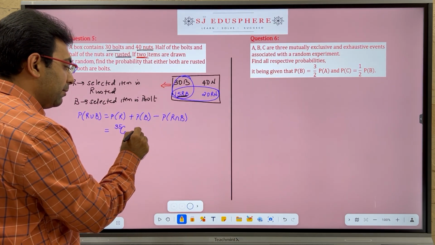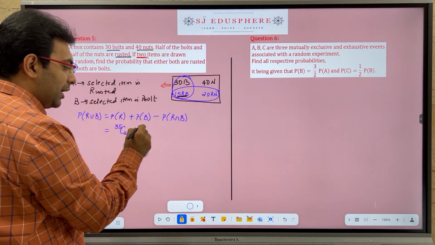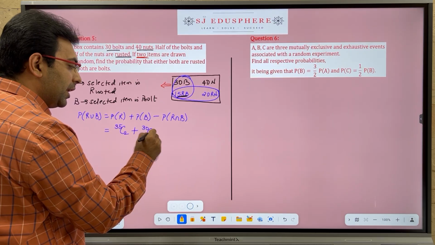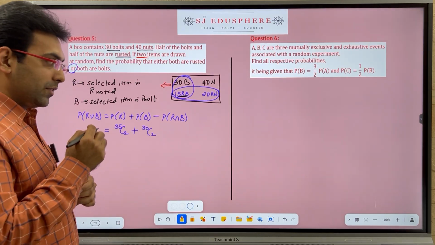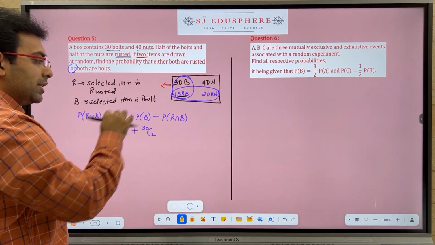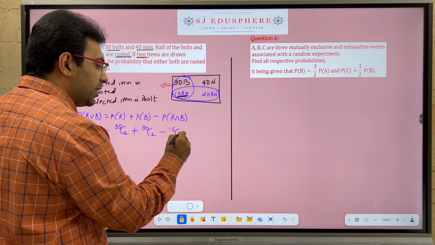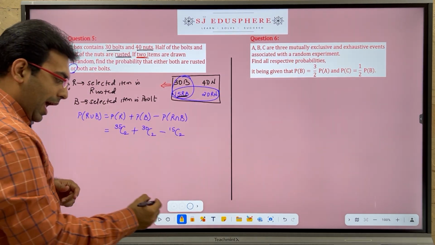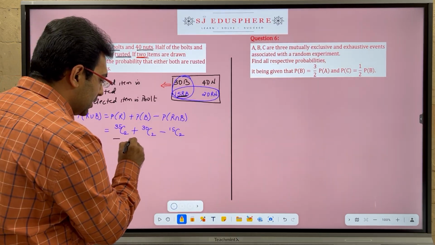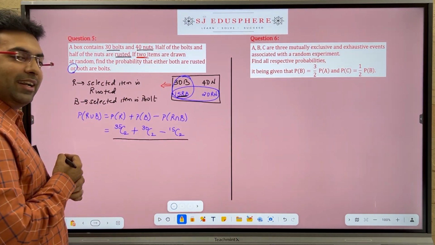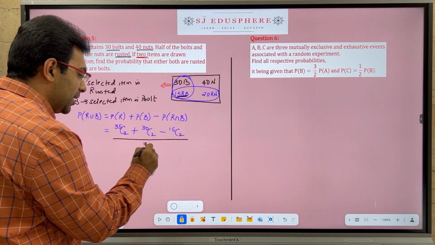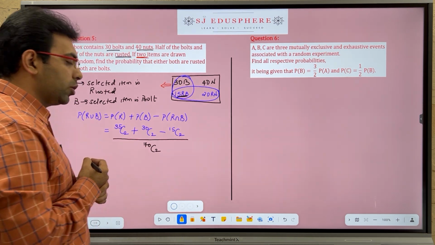Then how many bolts are there in the bag? 30. So from 30 you select 2. Now this part was considered twice, rusted and bolt, that is 15, you select 2. And your sample space is your total box had 70 items, that means from 70 you select 2.